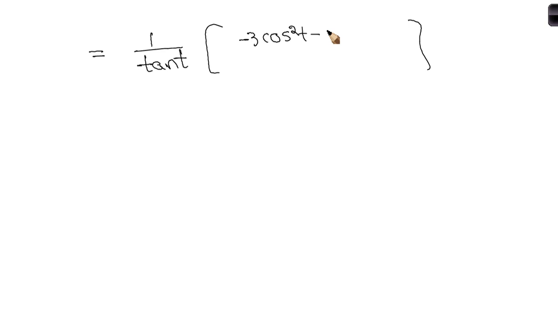that is equal to 1 by tan t, because everything gets cancelled out, sin t by cos t is 1 by tan t, into minus 3 cos square t, plus, cos 2t can be written as cos square t minus sin square t, plus 2 cos square t upon the denominator.